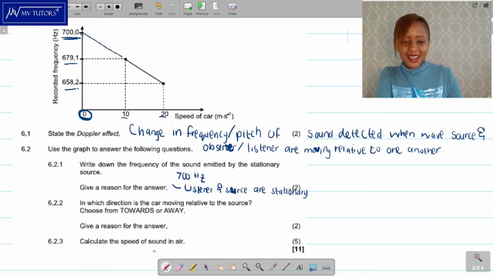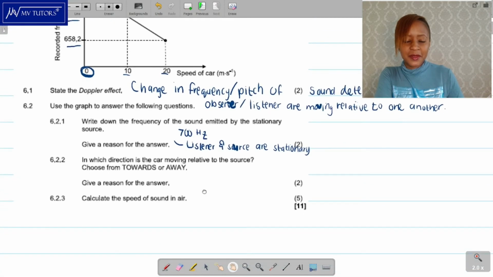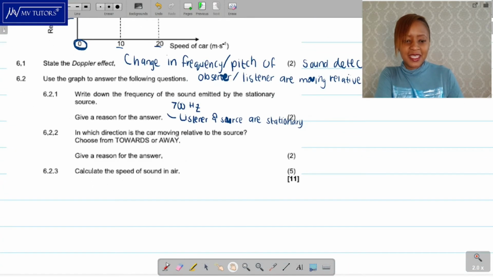Okay, now let us move up. In which direction is the car moving relative to the source? Okay, definitely moving away. All right, and give a reason for your answer.